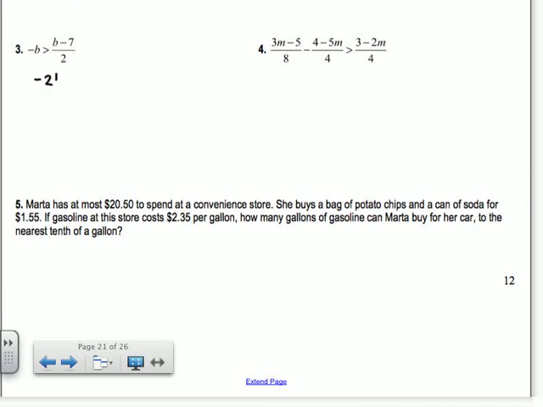I'm going to subtract the b over. So I get negative 3b is greater than negative 7. Divide by negative 3. So like I always say, red flag. So b is less than 7 over 3.